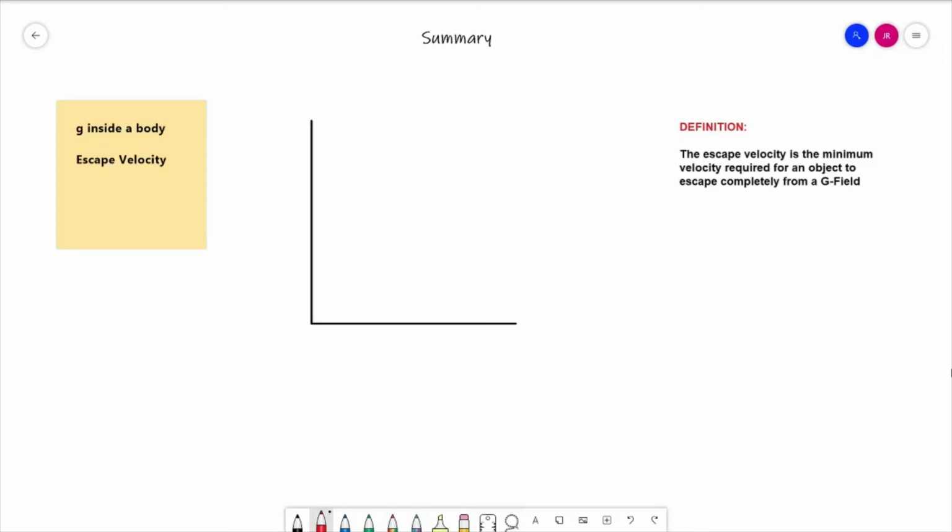So to summarise this video, we've looked at two key things. Firstly, we've looked at the gravitational field strength inside a body, whether that be a planet or the Sun or anything like that.